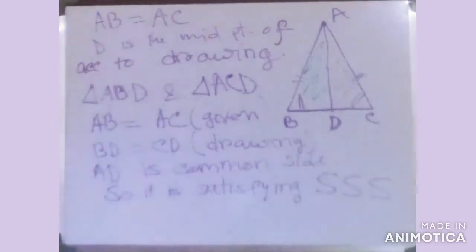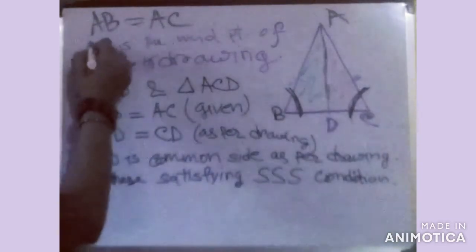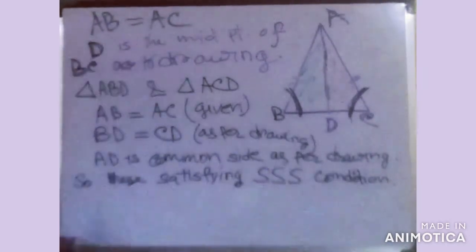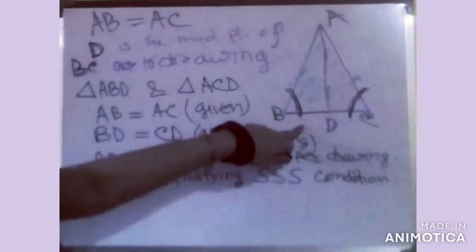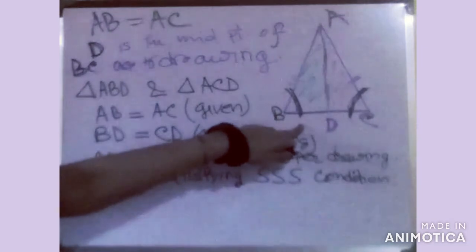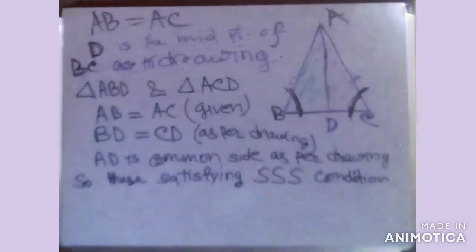Once again, I am saying from the beginning that this is an isosceles triangle ABC and AB is equal to AC, and we have to prove that the opposite angles of the equal sides are equal to each other. To do this, we did a drawing here.